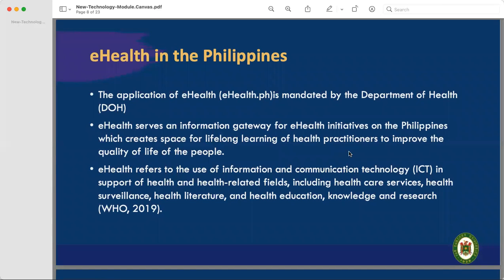There are so many areas where we can apply technology and make our work more efficient. And we are really looking forward that we as nurses, you as future nurses, since you are digital natives, will be able to use this information and communication technology in patient care management.